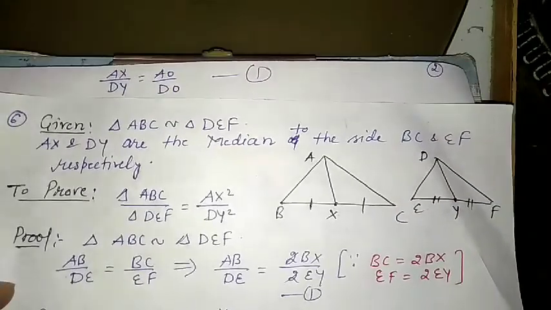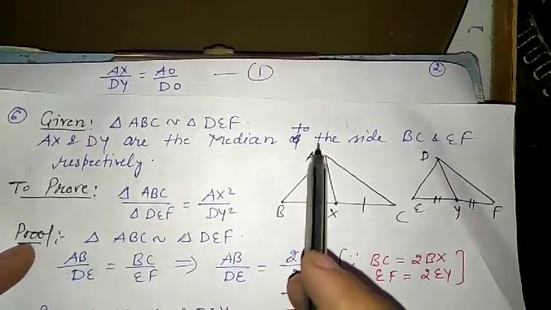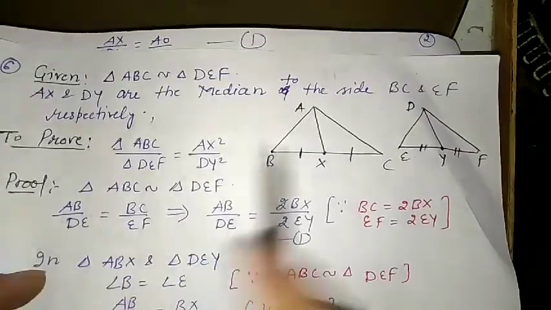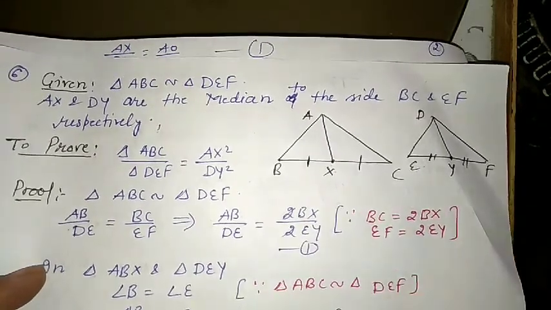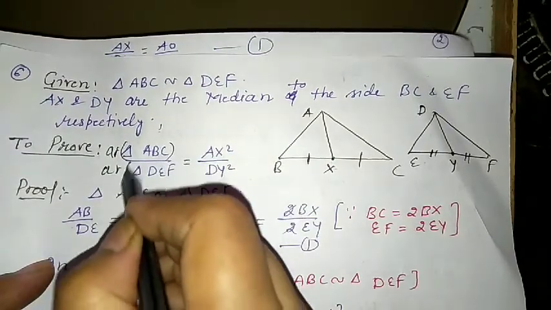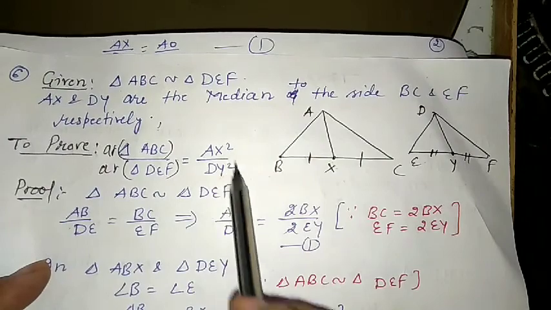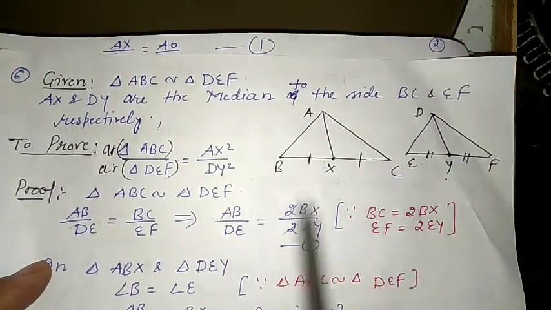Given triangle ABC and DEF, AX and DY are the medians to sides BC and EF respectively. We have to prove that the ratio of the areas of triangle ABC and triangle DEF is equal to the ratio of the squares of their corresponding medians, AX square upon DY square.